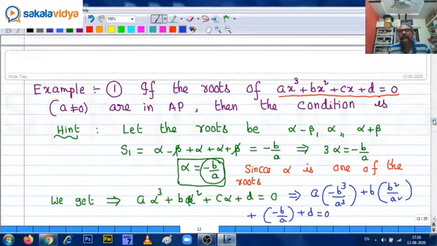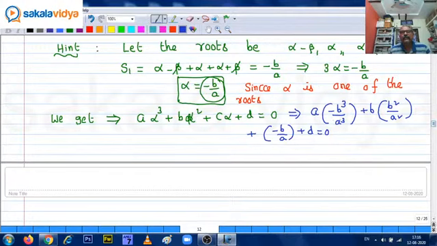Now multiply both sides with a square. This will be minus b cube plus a square cancel, we have b cube minus abc plus a square d equals 0.